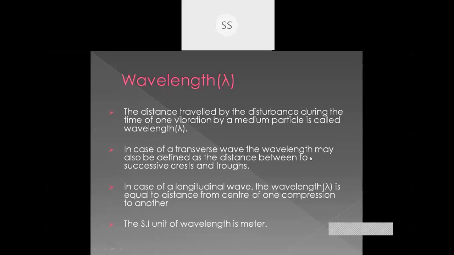In a transverse wave, it is the distance between two successive crests or troughs, and in a longitudinal wave, it is the distance from the center of one compression to another. Since wavelength is a distance, we measure it in meters. The SI unit of wavelength is meter.